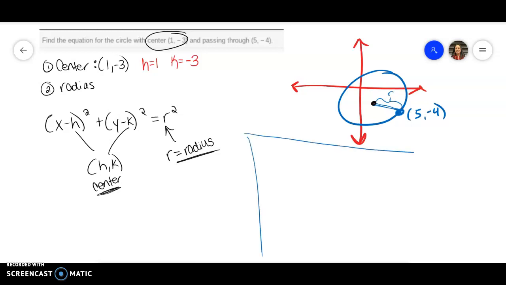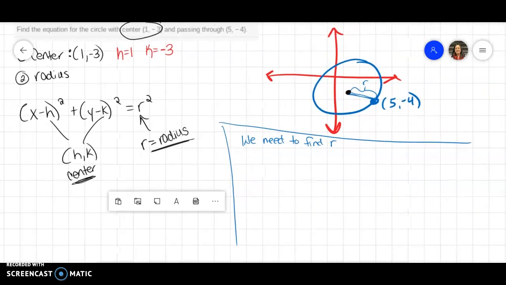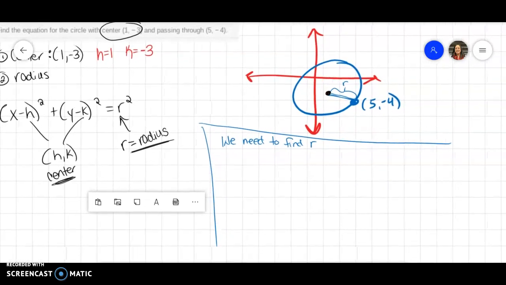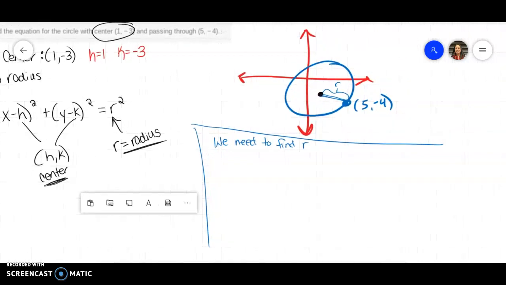So we need to find r. And r is the distance. So I need to find the distance between the point (1, -3) and (5, -4). So how do we find the distance between two points?